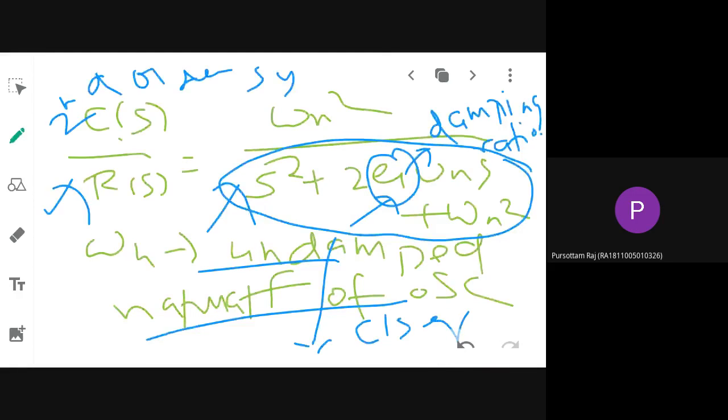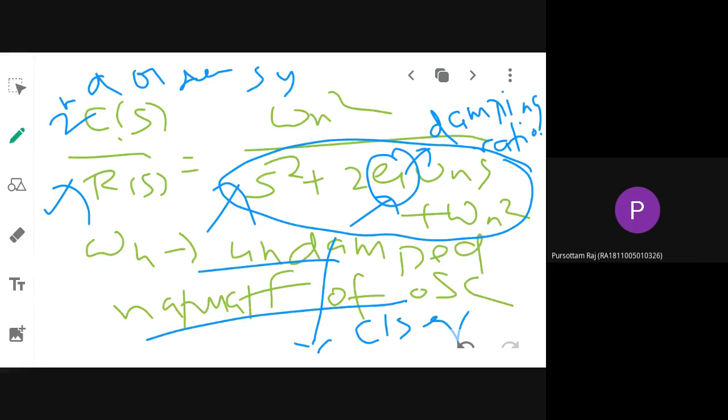In general, see, there are so many different types of second order system. For instance, if you have a linear rotational system, you have a transfer function 1 by m s squared plus b s plus k, no? And in the same way, you have also learned how to derive the transfer functions for series RLC and parallel RLC.